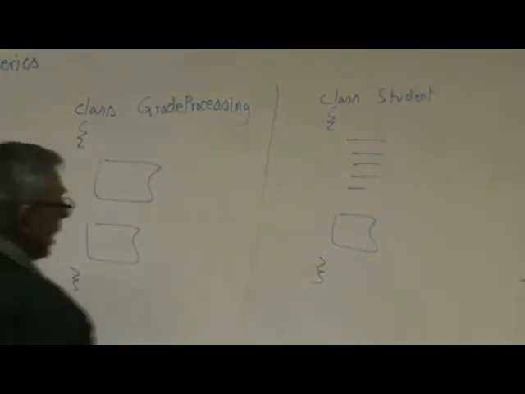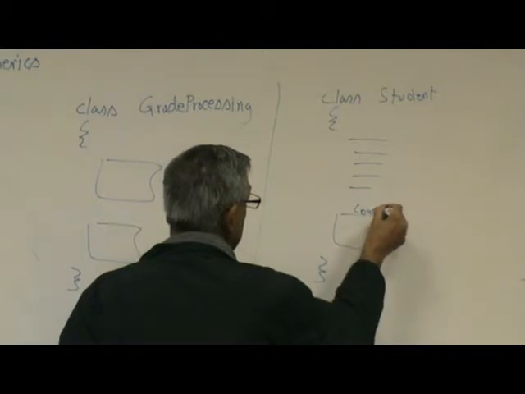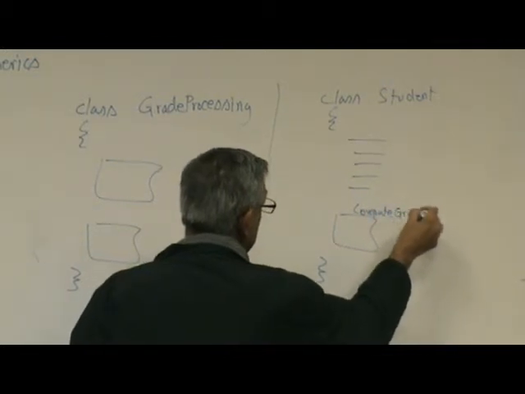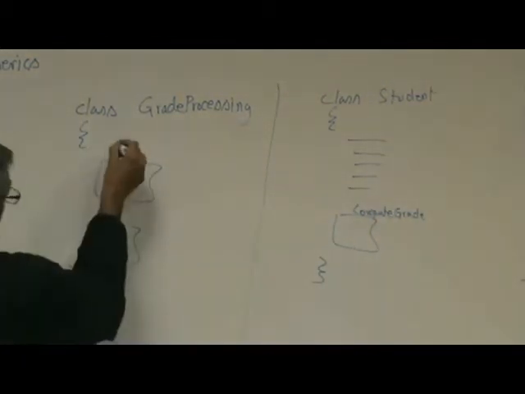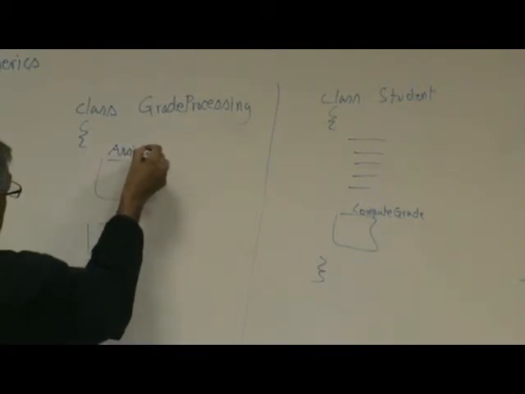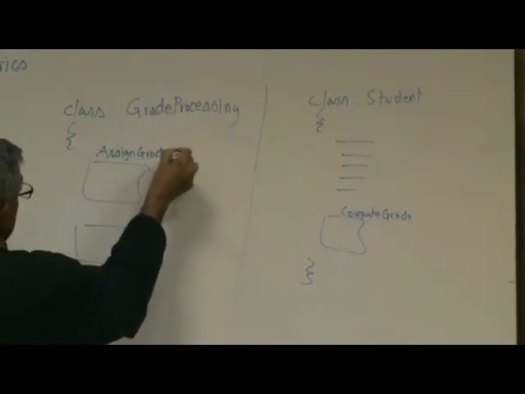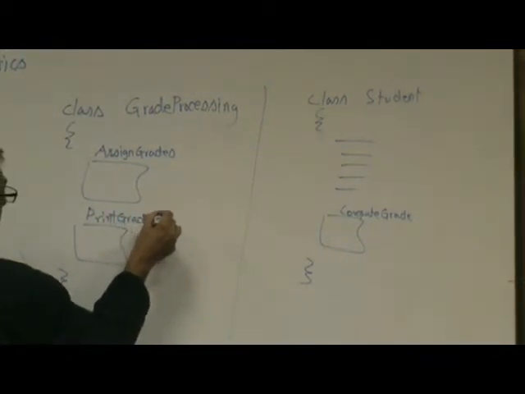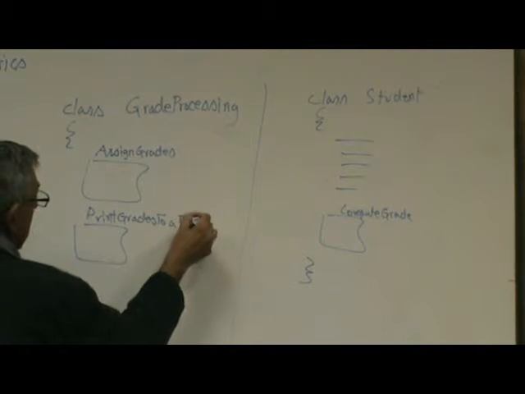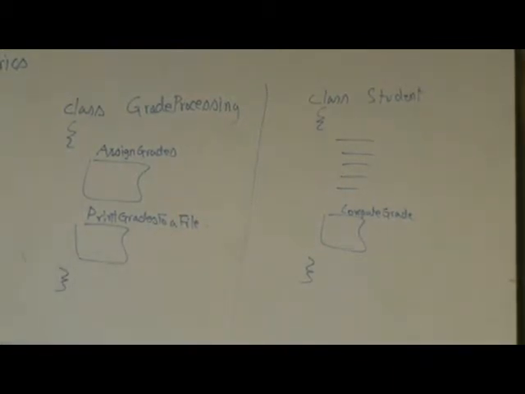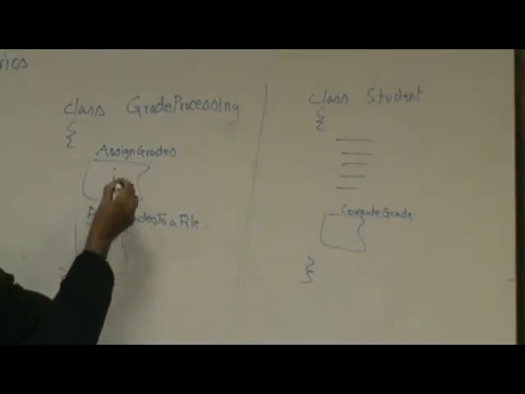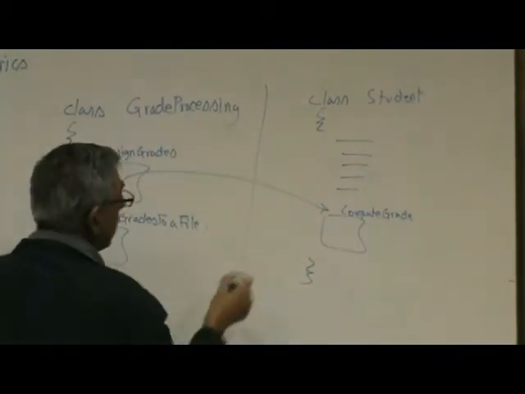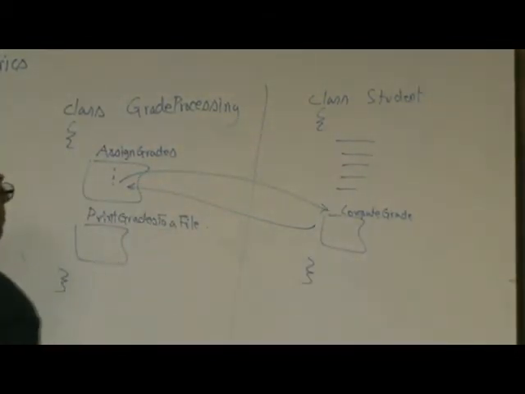Suppose one of these methods is assign grades, and another is print grades to a file. Let's pretend the code in assign grades calls the compute grade over here and receives the reply.